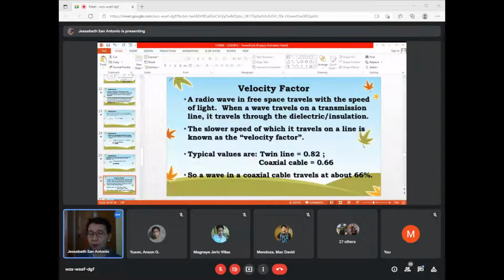The velocity is followed, because in free space, the velocity of radio wave is also the same as the velocity of light. So, just as fast as the velocity of light.